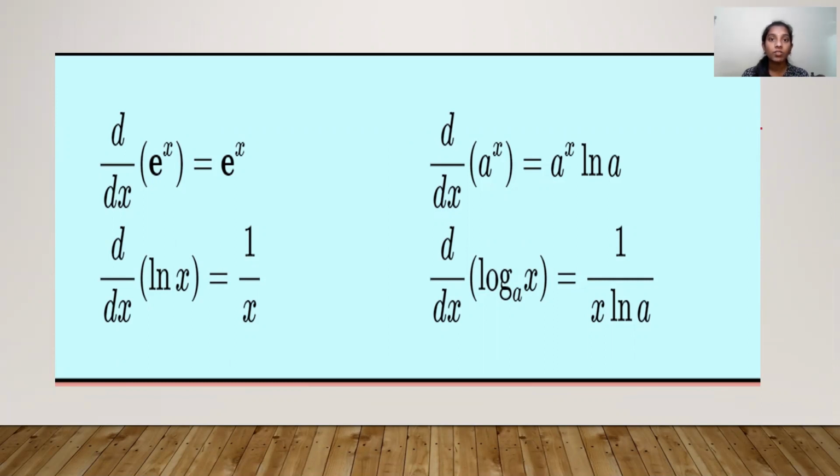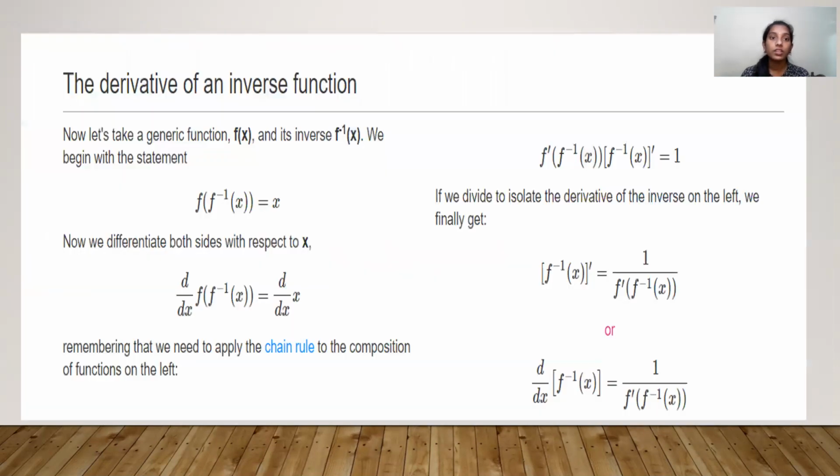Let's now see how to find the derivative of inverse functions. We know that f of f inverse of x is always equal to x. In the first step, we write f of f inverse of x is equal to x. Now, when we differentiate both sides with respect to x, then d by dx of f of f inverse of x is equal to d by dx of x.